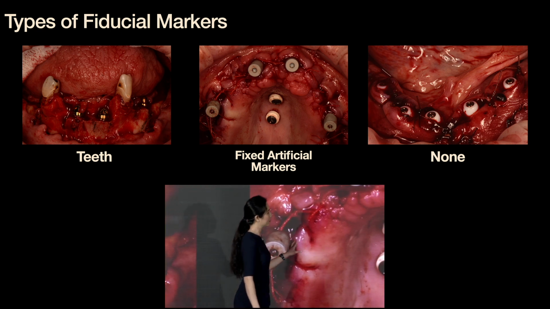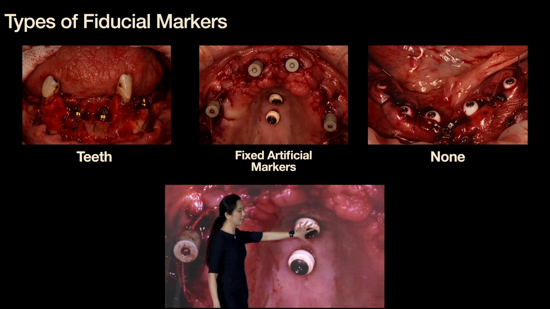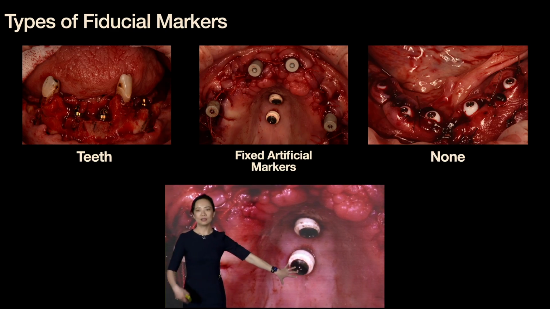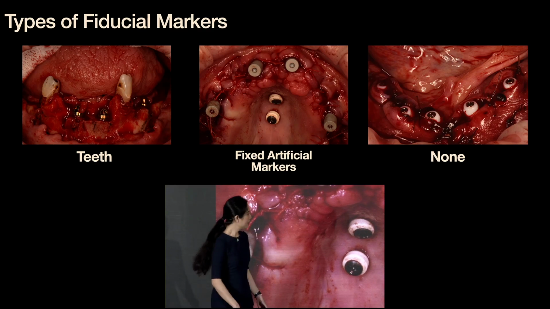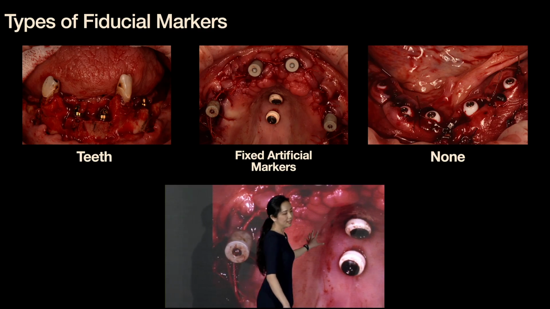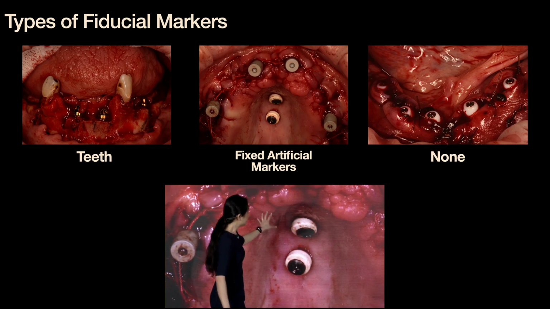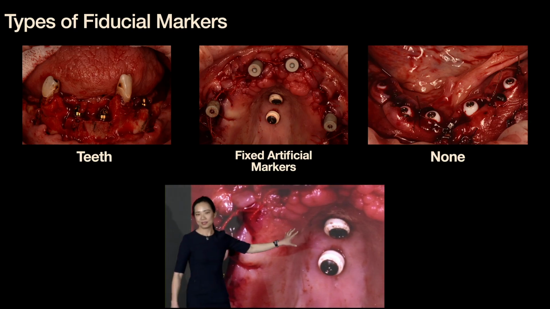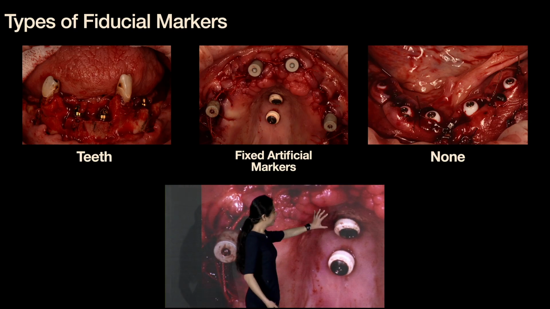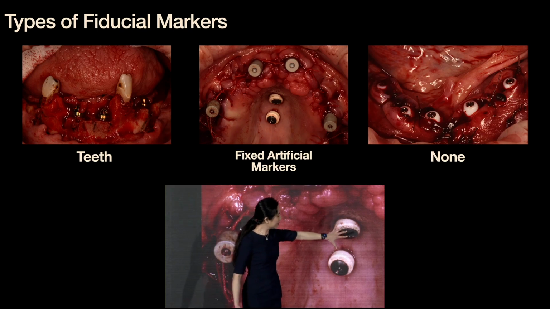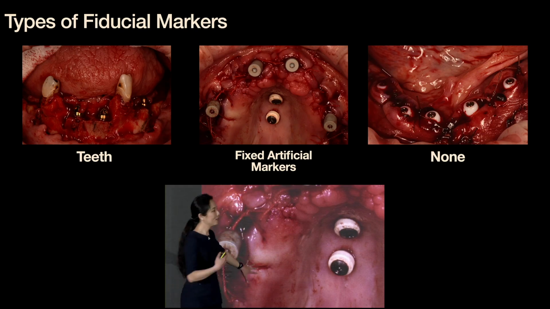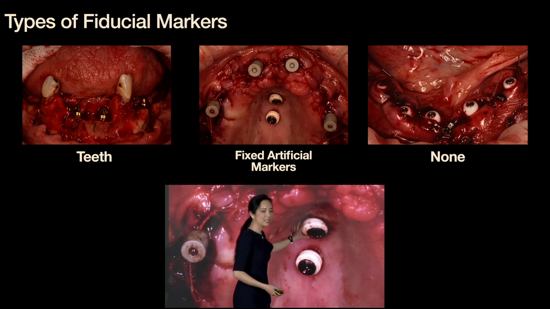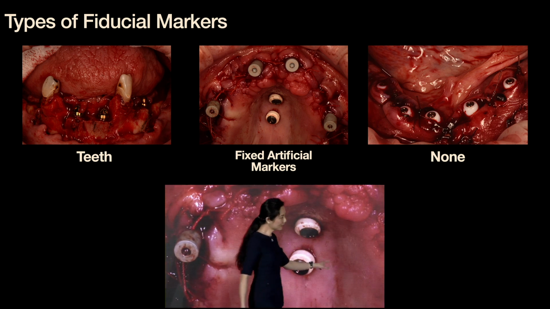The other one is the one where we choose to tack on some kind of artificial marker, whether it's a white cap or a custom plate. The issue that arises here is that, one, you have to do a rescan right before surgery starts. Not a huge issue. However, if either of these were to move during surgery because someone was too aggressive reflecting a flap and so forth, this data is no longer useful.